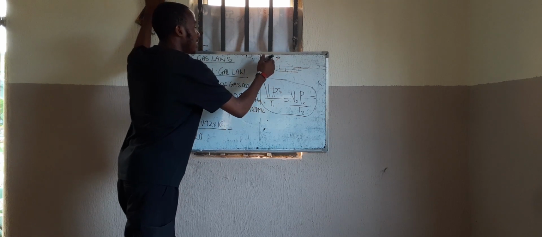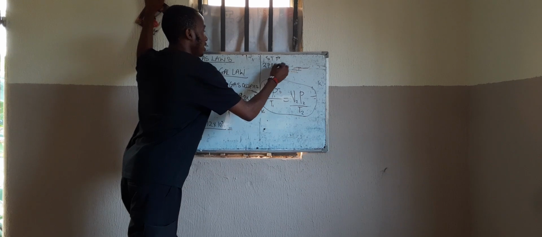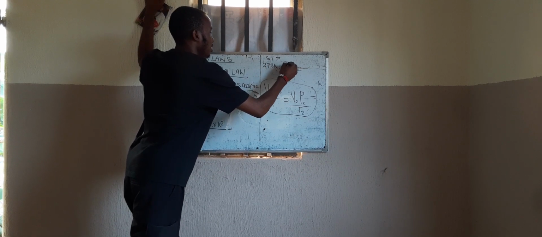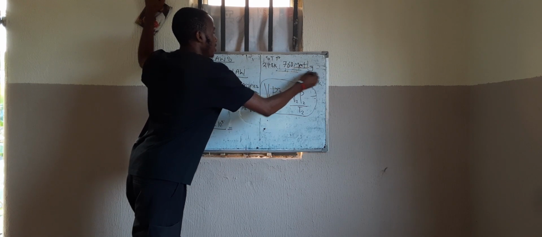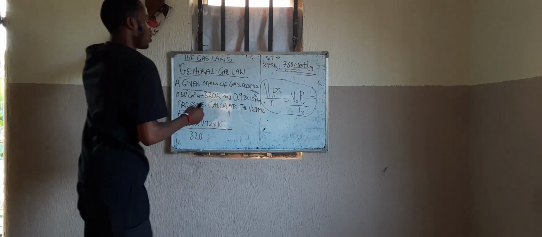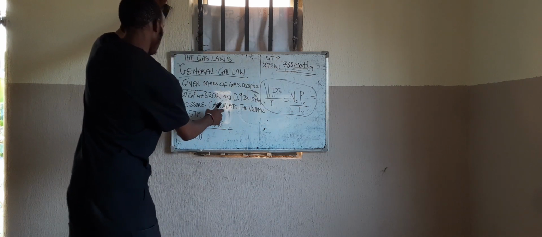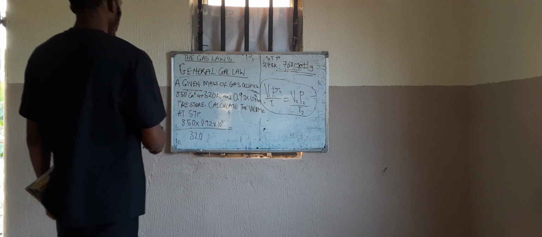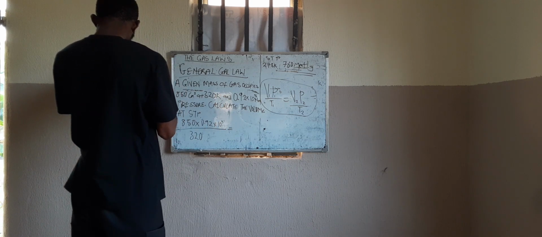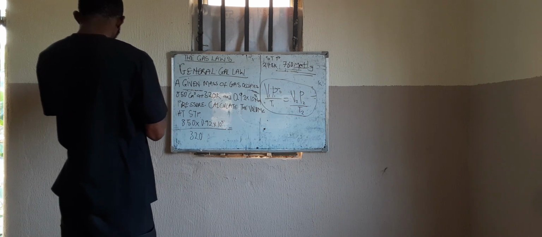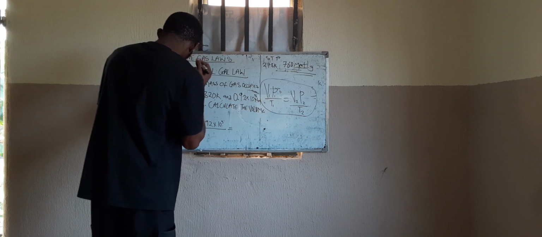The standard temperature is 273 and the standard pressure is 760 mmHg. So the volume is 850 at 320 Kelvin.